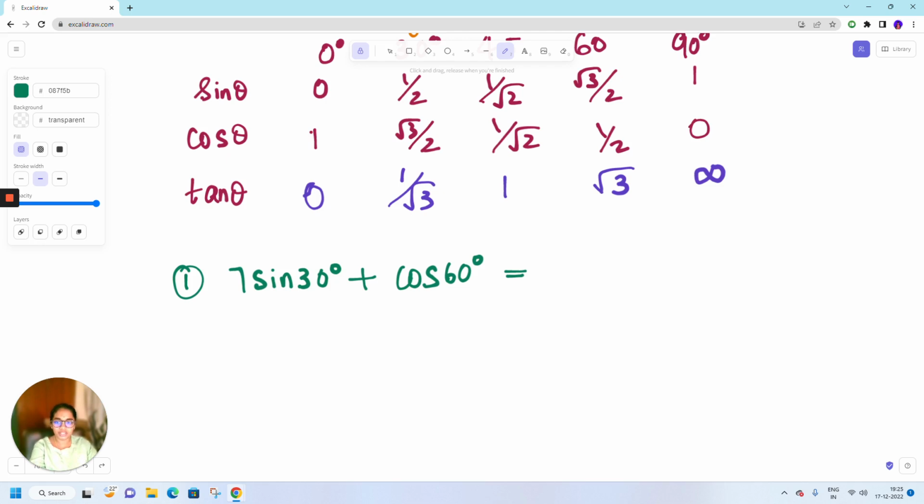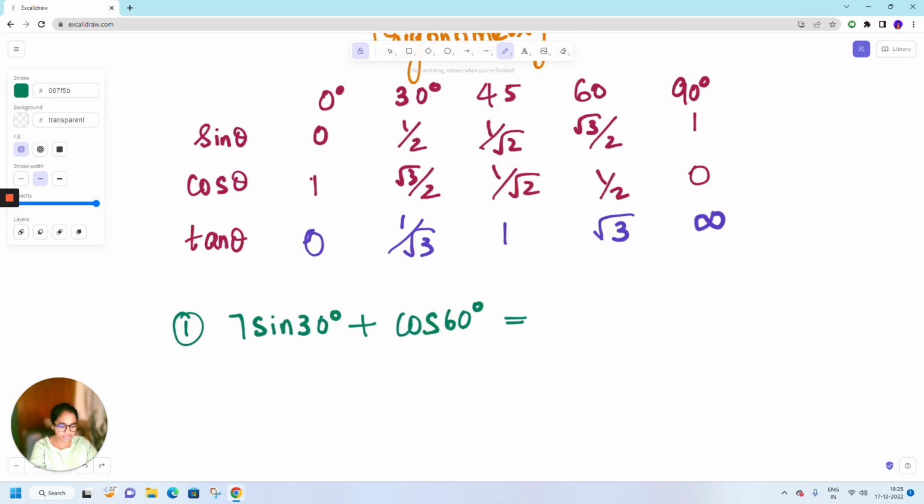Sine 30 degree is half. 7 into half is 7 by 2. Plus cos 60 degrees, again half. The denominator is same, so just add the numerators, that would be 7 plus 1. That is 8. 8 divided by 2 would be 4.